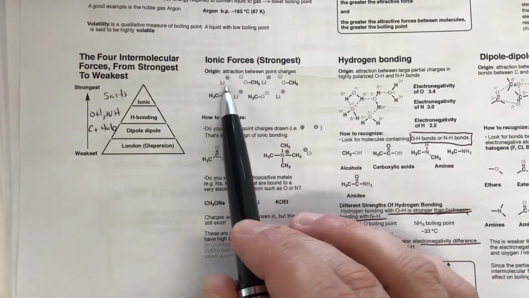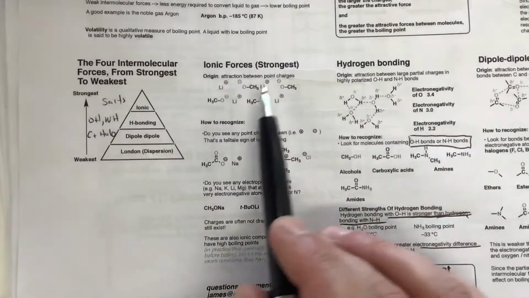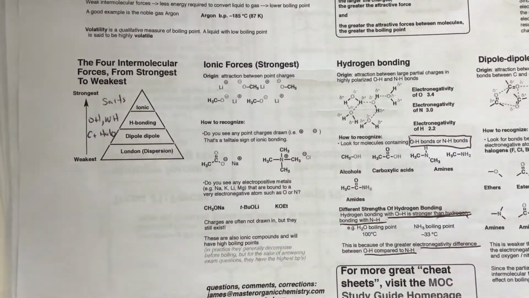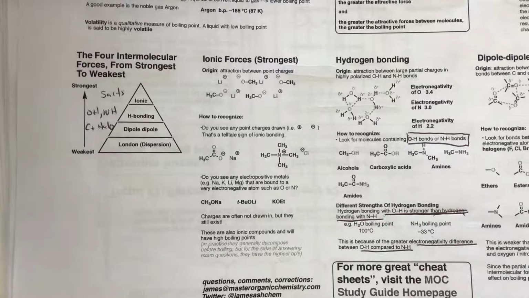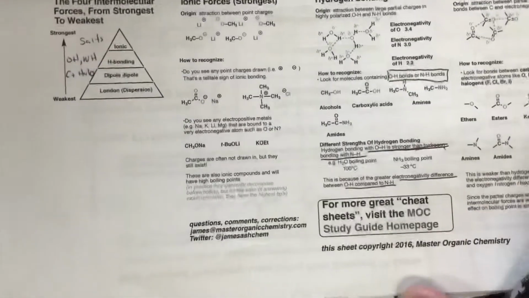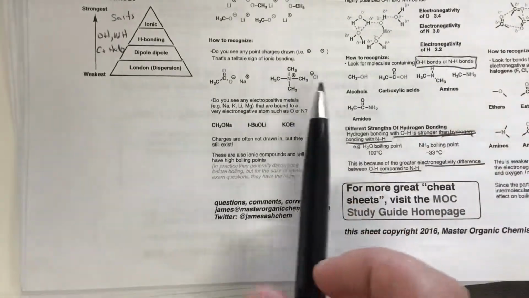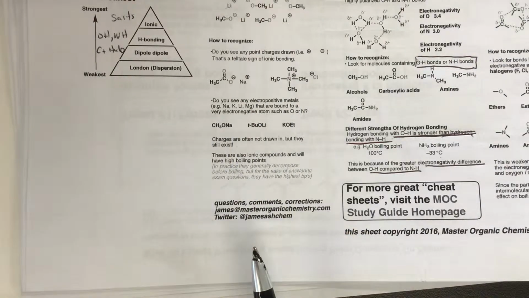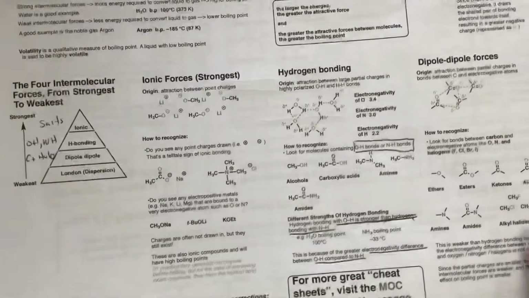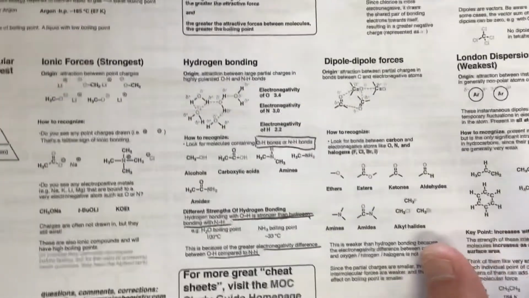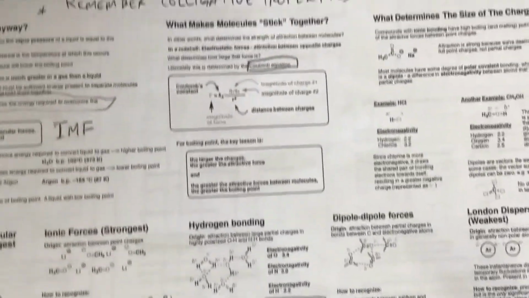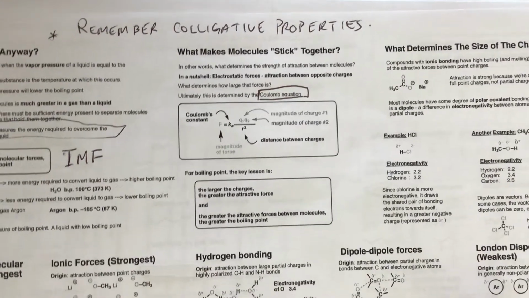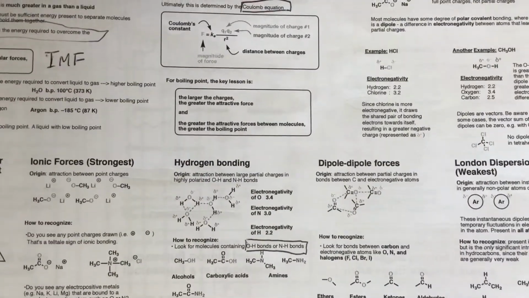Because that lithium is going to want to give up its electron, say, to oxygen. This is showing you that if you see any charges in the diagram, it's a good way of recognizing ionic forces. Okay. This one is an example of hydrogen bonding.